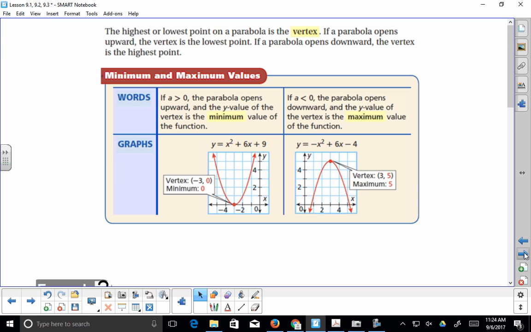Now, depending on whether it opens up or opens down, depends on whether you have a maximum or a minimum. So if it opens up, we have a minimum because it comes down and then goes back up. And if it opens down, it has a maximum because it goes up and comes back down. So we've talked about these already.